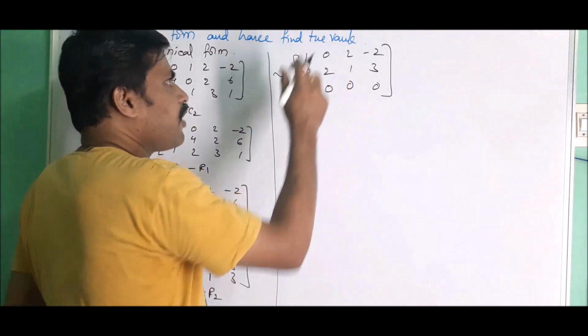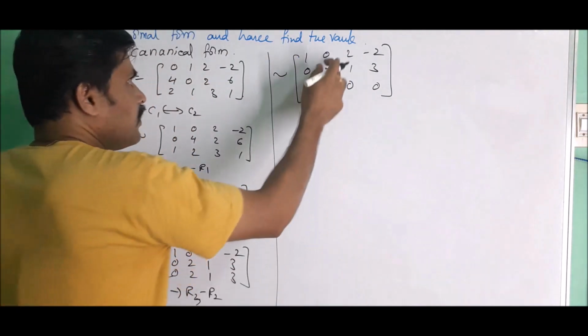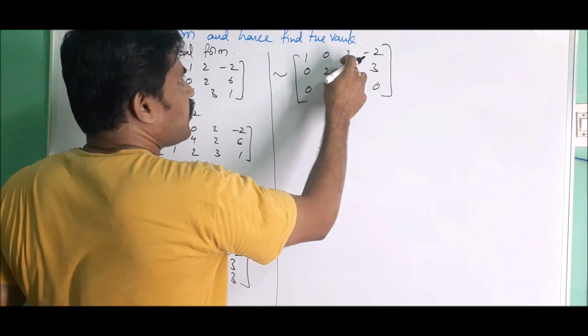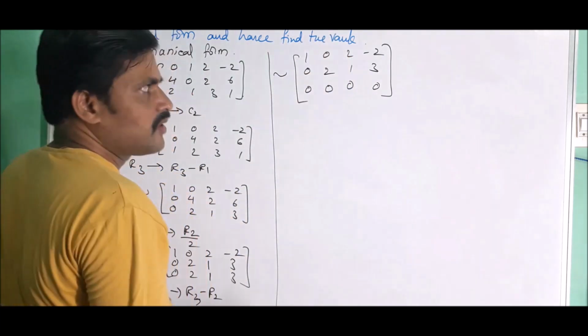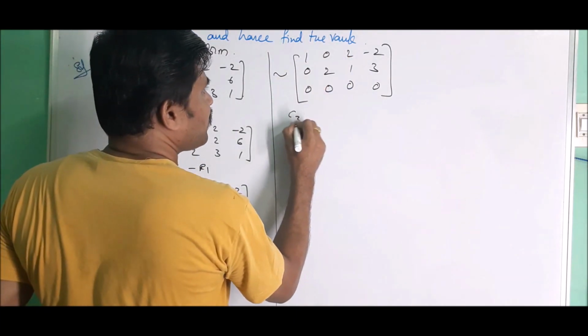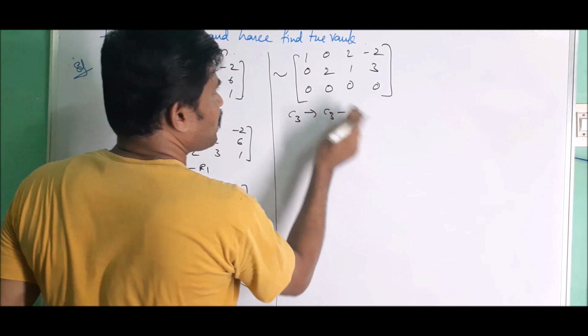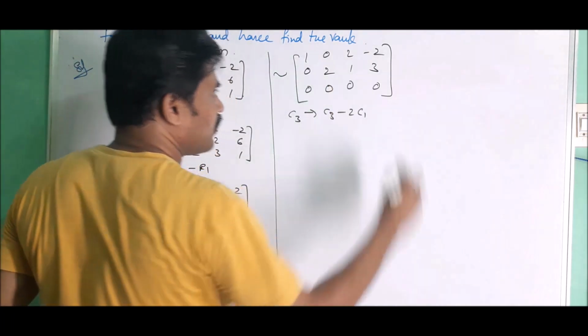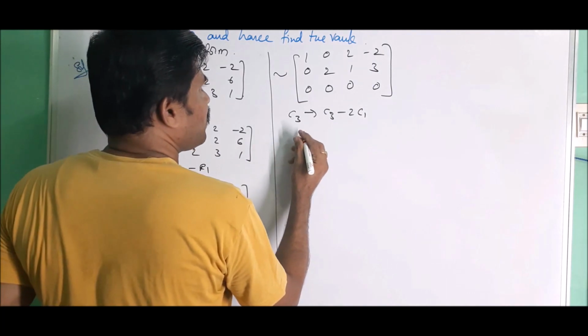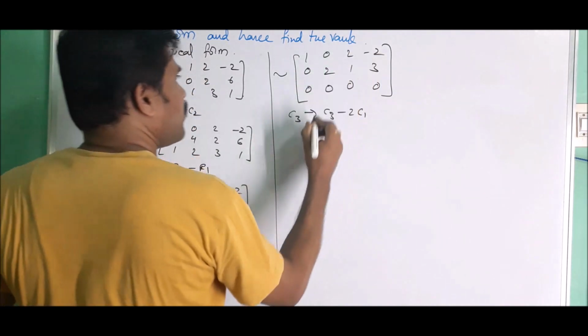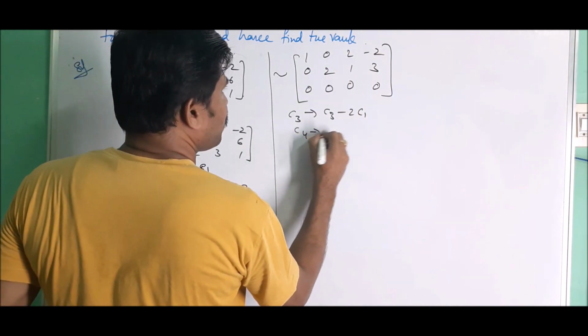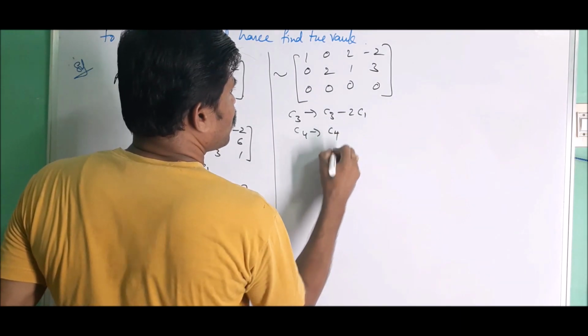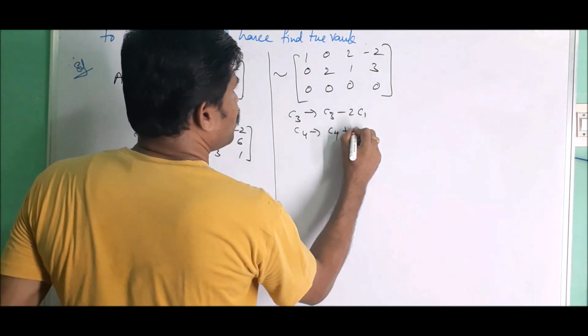Now we can apply column transformations. Here the 2 will be converted into 0. First C3 changes to C3 minus 2C1, the first column multiplied by 2, and similarly C4 changes to C4 plus 2C1.